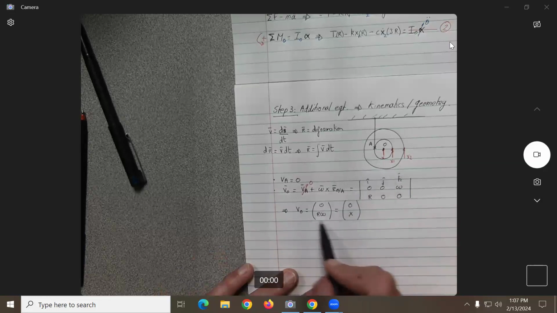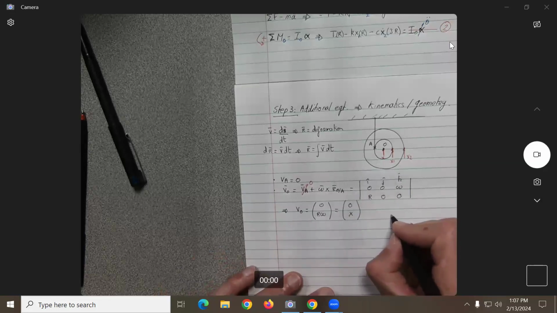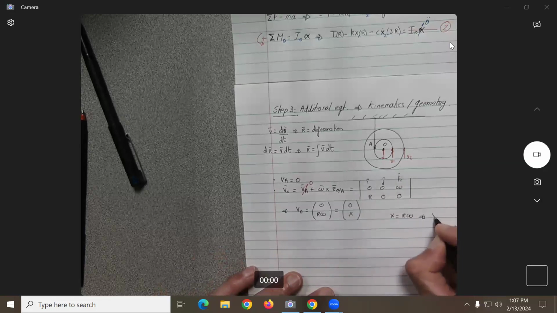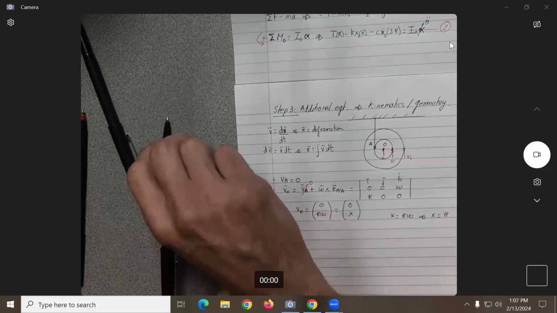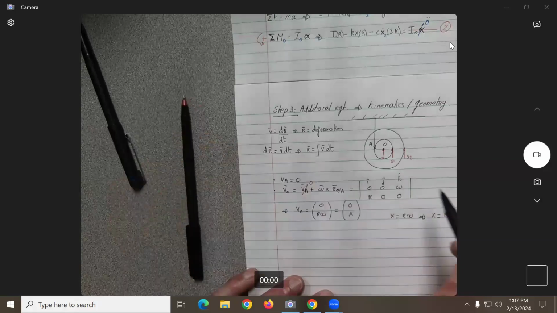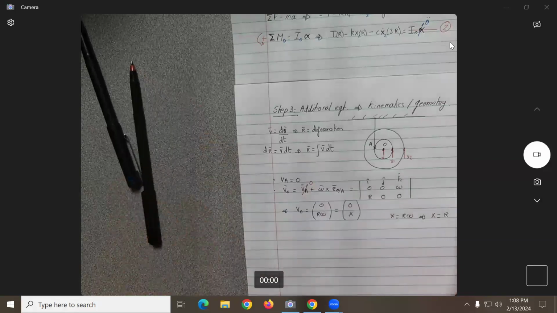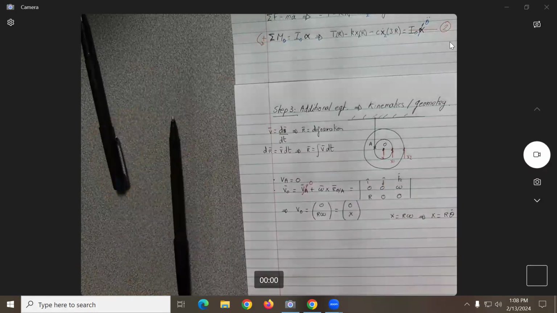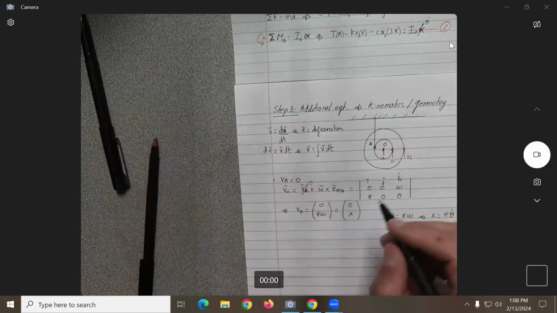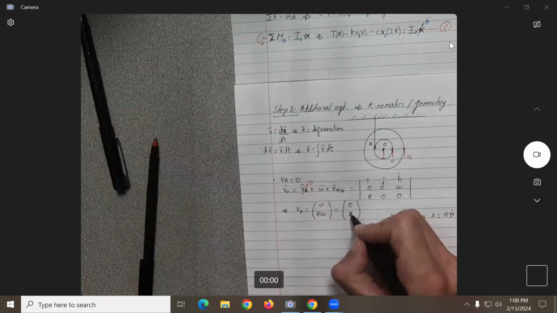This is the point O. So from here you could write the equation X equals R omega, or you could say X equals R, what is omega? Sorry, what is the mistake I made here? This is X dot.